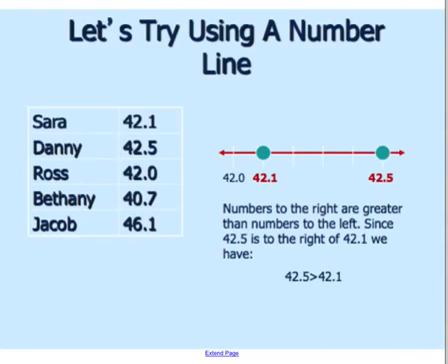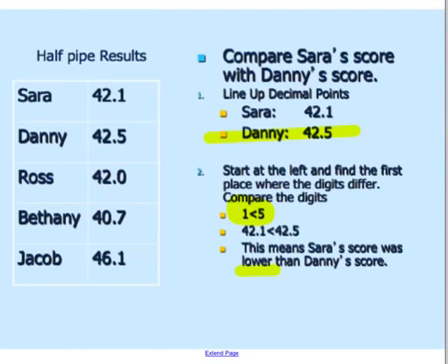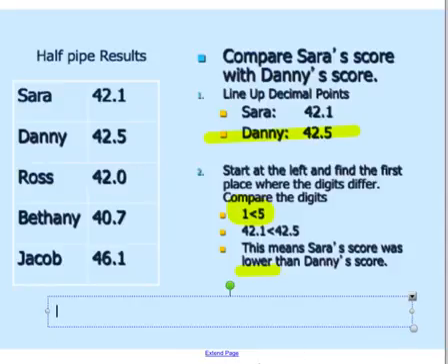Let's go back and look at the scores of Sarah, Danny, Ross, Bethany, and Jacob. If we take a look and see who scored the highest and who scored the lowest, what were your results?